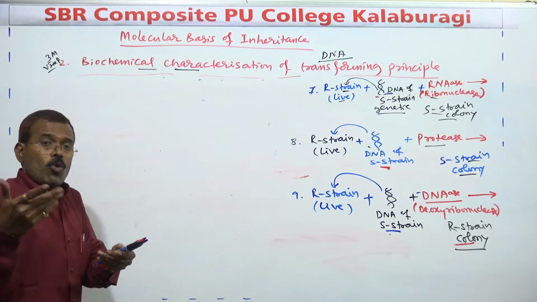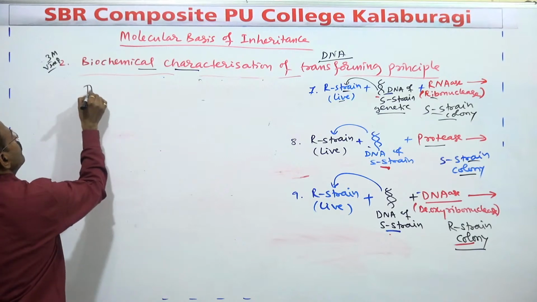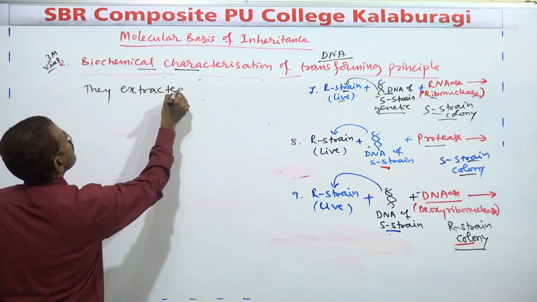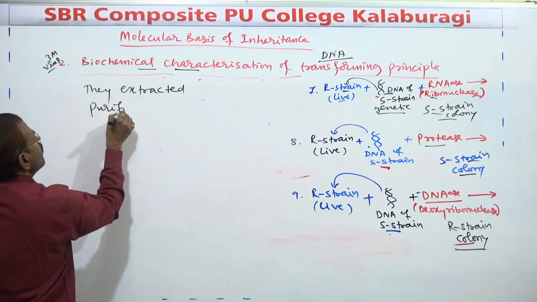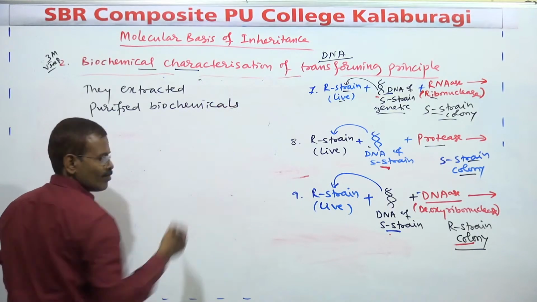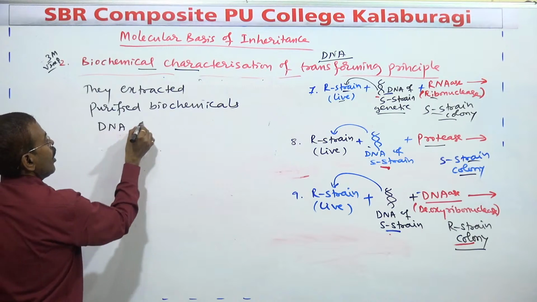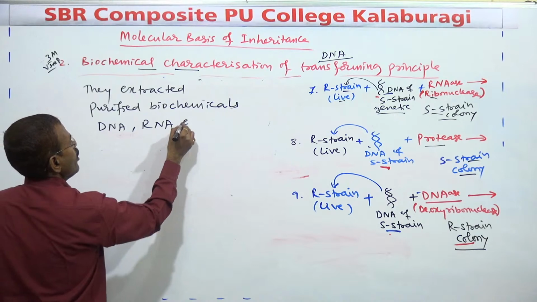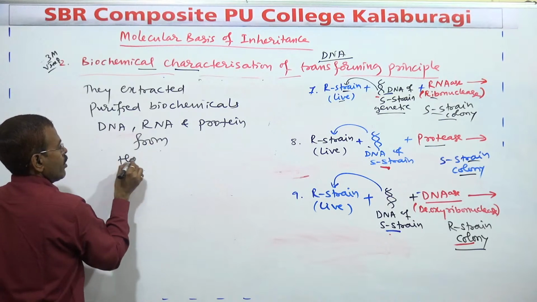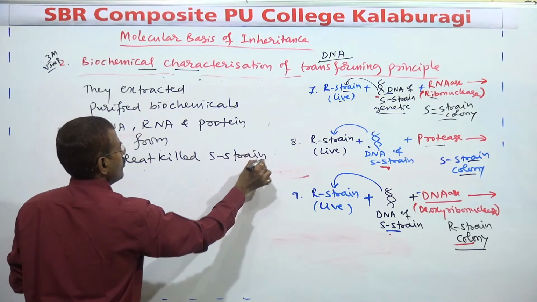See, what they did, those three scientists, they extracted purified biochemicals, which are DNA, RNA, and protein, from heat-killed smooth strain bacterium.